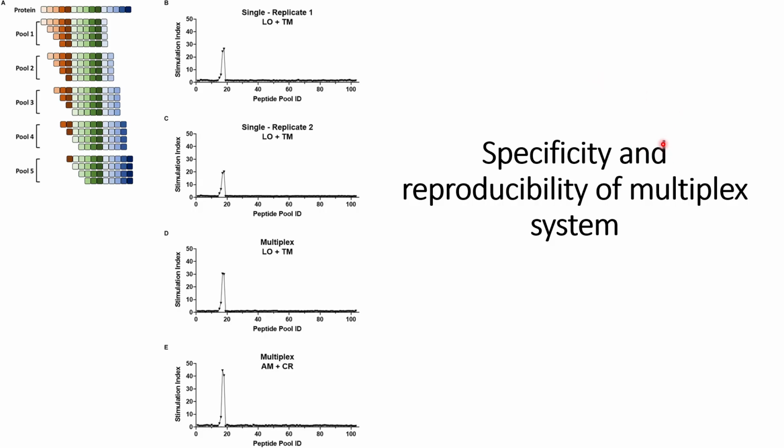Once NFAT reaches the NFAT binding sites on the plasmid, it helps in attracting RNA polymerase II for the transcription of the plasmid.